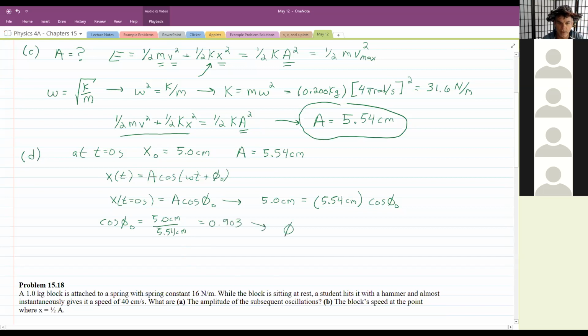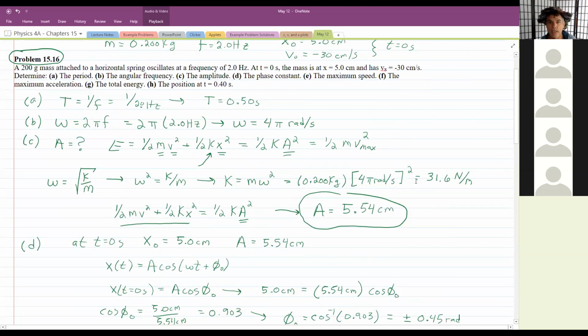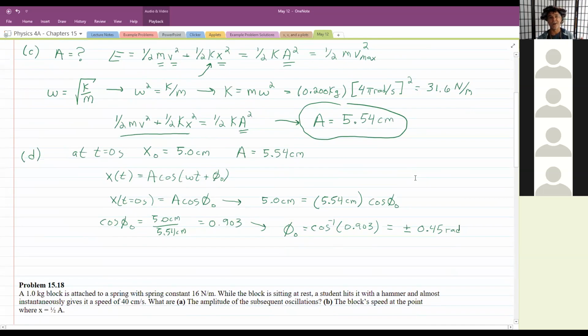So my phase angle is the inverse cosine of 0.903, which is going to give you plus or minus 0.45 radians. So here's a case where I have x greater than 0, but my velocity, remember, we were told was negative 30 centimeters per second.